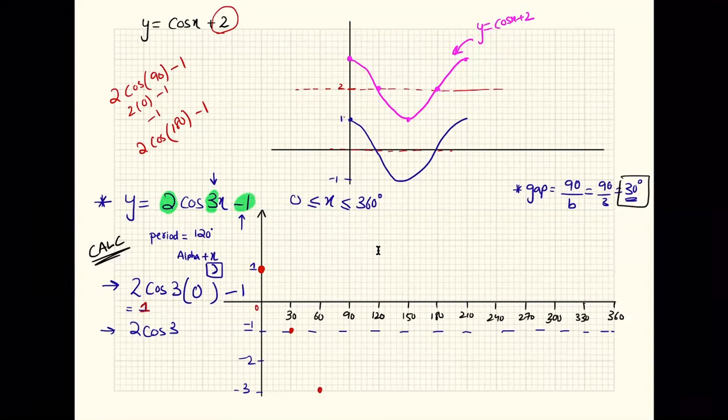इसी तरीके से आप 90 डिग्री पे करते हैं। 90 times 3 is 270. Find out cos of 270 multiplied by 2 and then minus 1 from it. Is it coming out to be -1? Yes. And then do it for 120. So 120 times 3 is 360. 2 cos of 360 times 2 minus 1.